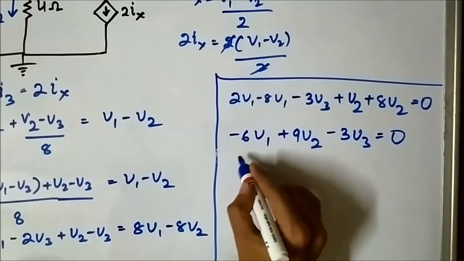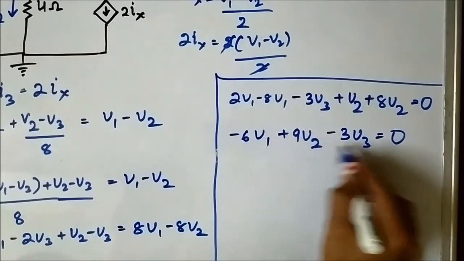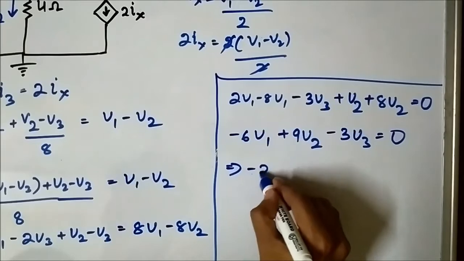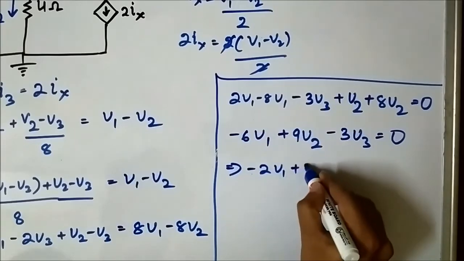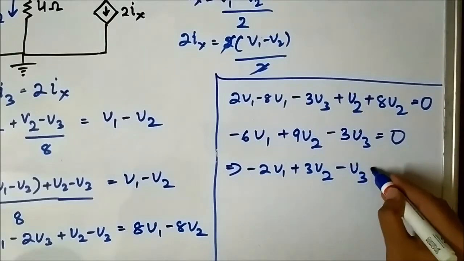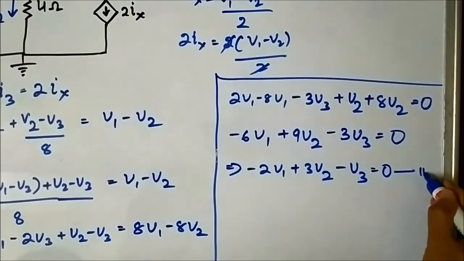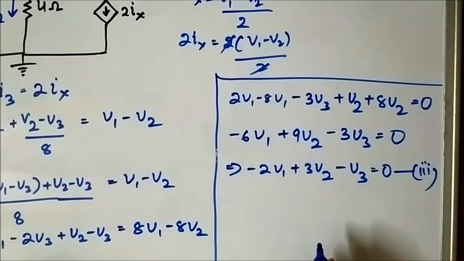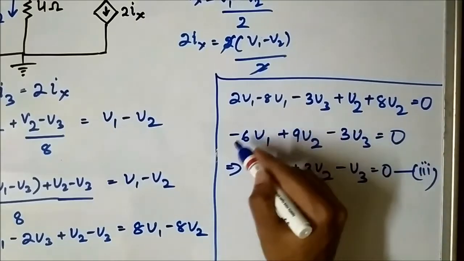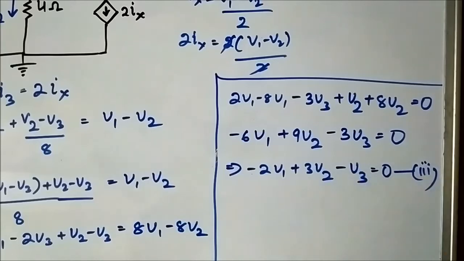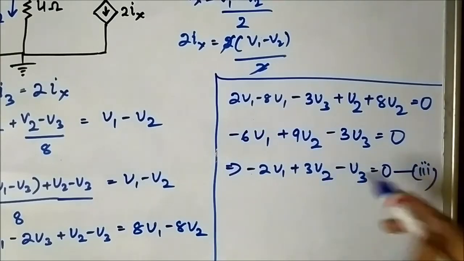If we divide each of the terms by 3, it becomes minus 2V1 plus 3V2 minus V3 is equal to 0. This is the third nodal equation. We divided each of the terms of this equation by 3 and got minus 2V1 plus 3V2 minus V3. This is the third nodal equation.